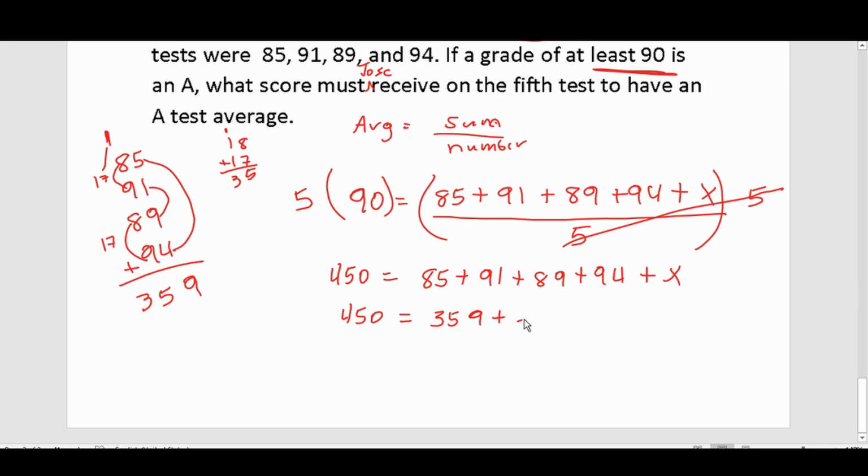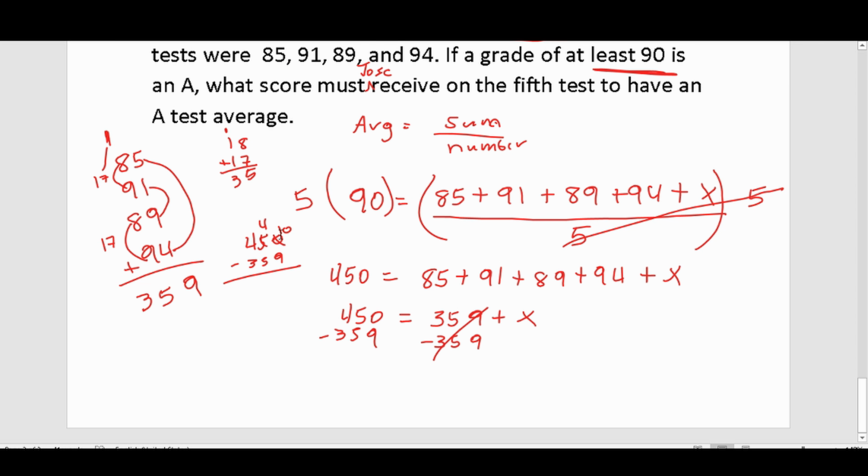So this is 450 equals 359 plus x. Let's subtract 359 from both sides. Okay, this crosses out. 359 minus 359 is nothing. Let's do 450 minus 359. We can't do 0 minus 9. We have to borrow 1 there. This becomes 4.